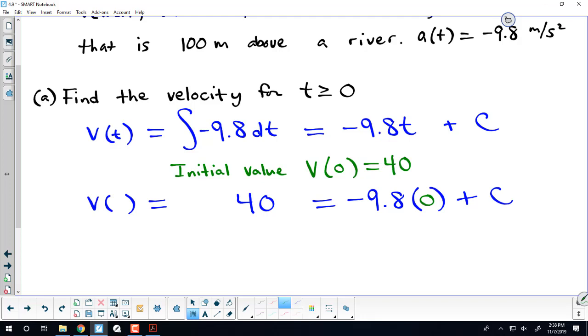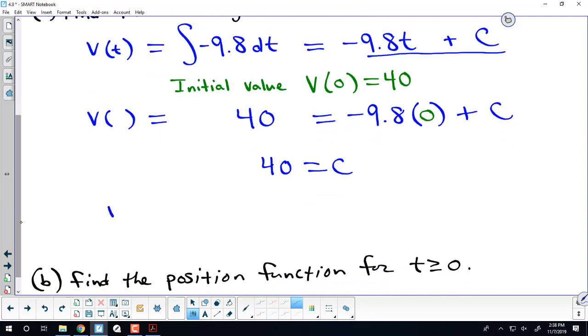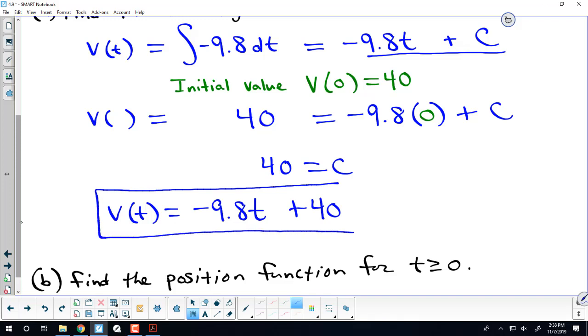So 0 plus c is equal to 40, or c is equal to 40. Then we put that back in for c, and velocity is negative 9.8 t plus 40. If you don't remember that constant, when you find the position, your position function is going to be way off.